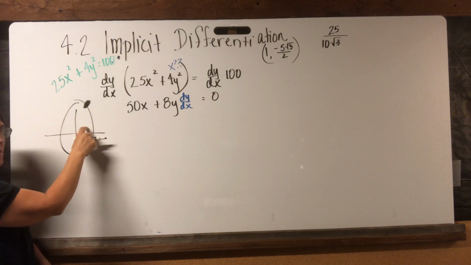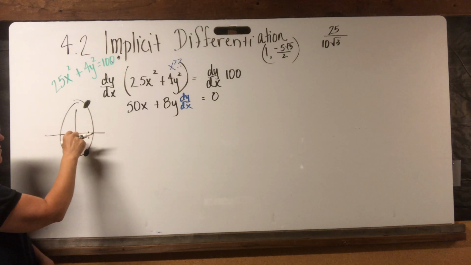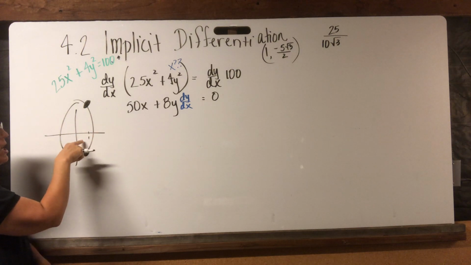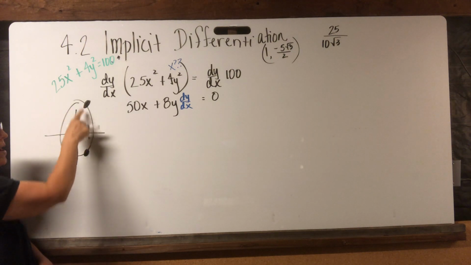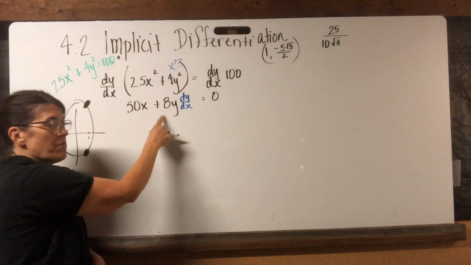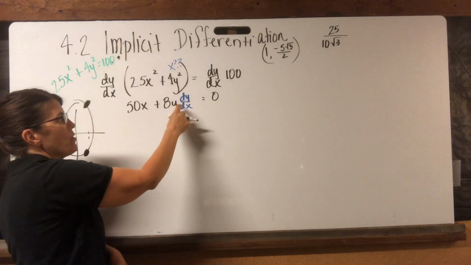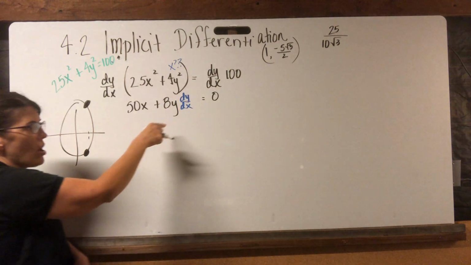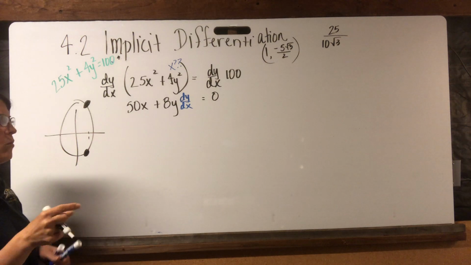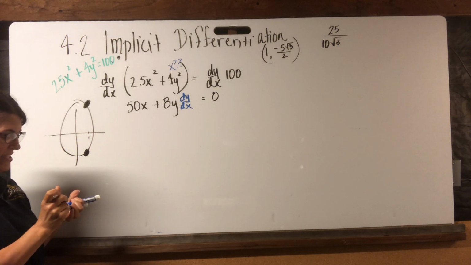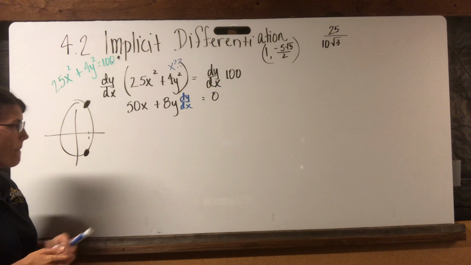There are 2 y's for a non-function, in this case the ellipse. There are 2 y's for the 1 x. Well, which x am I referring to? I don't know. So the change in y depends on what x is. We'll look at it more closely. Hopefully that's at least a start to get you going.